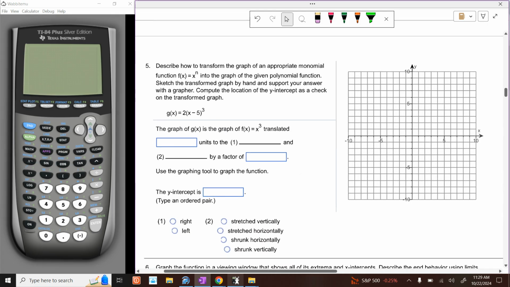How would you transform the x cubed graph to be 2 times x minus 5 cubed? Okay.